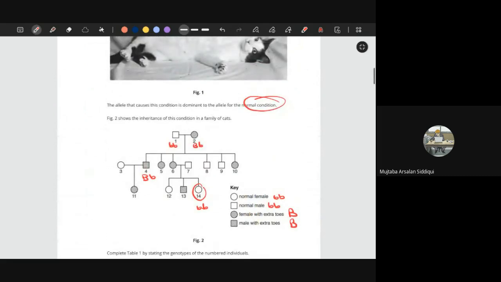Make sense? Recessive will always be homozygous.